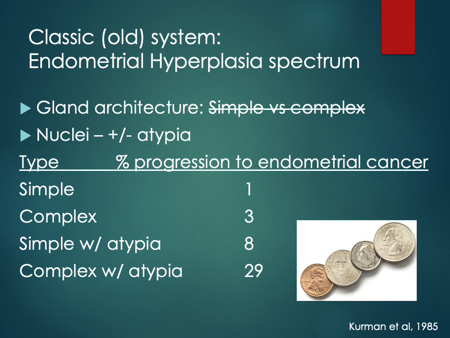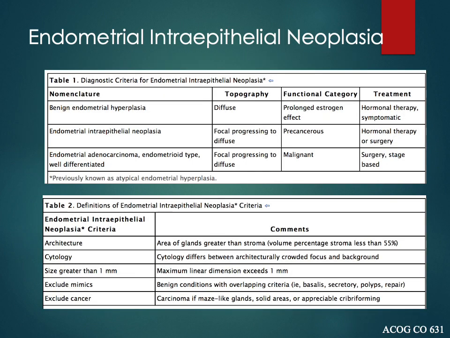It really didn't predict as well as we thought it did. So that's changed now to this endometrial intraepithelial neoplasia nomenclature. We can still have benign endometrial hyperplasia. You can think about that as hyperplasia without atypia, and oftentimes you can treat that with either hormonal therapy or just treat the symptoms.